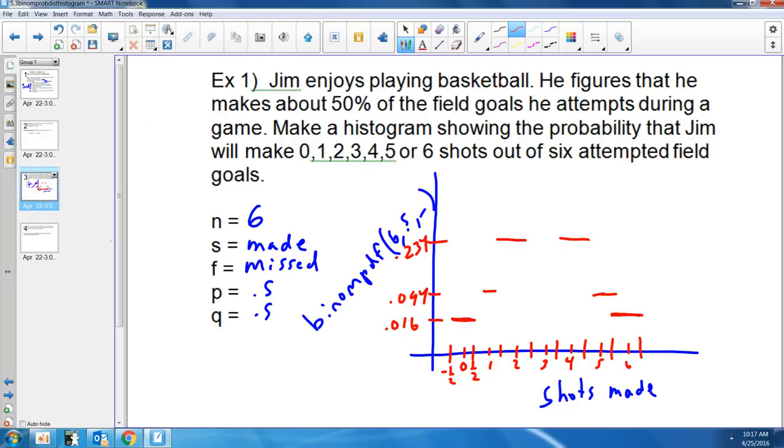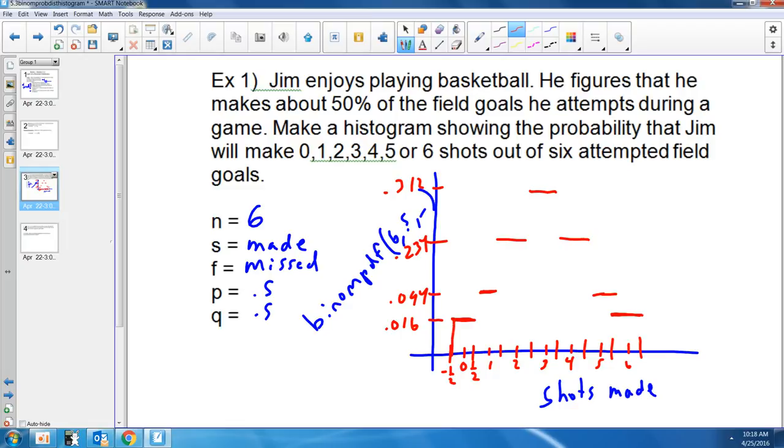Okay, so we have the same probability for 0 and 6, the same probability for 1 and 5, and the same probability for 2 and 4. And then 3 would be 0.312. And so you're looking at something like this. Now, if you did that correctly, it's a little bit tricky up here, but if you did that correctly, now it just becomes easy because you can just fill in the bars as you needed to.